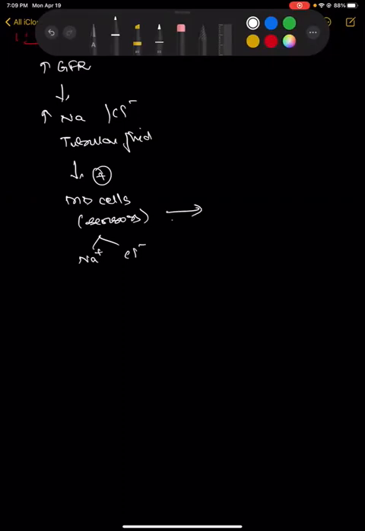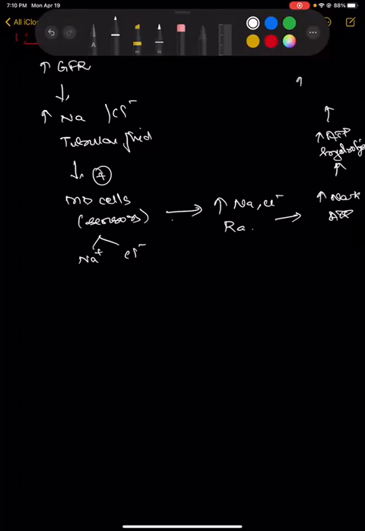And this will lead to an increase in sodium and chloride reabsorption, which in turn leads to increase in sodium potassium ATPase activity. Increased ATP hydrolysis happens for the ATP channel to function, and this will in turn lead to an increase in adenosine levels.